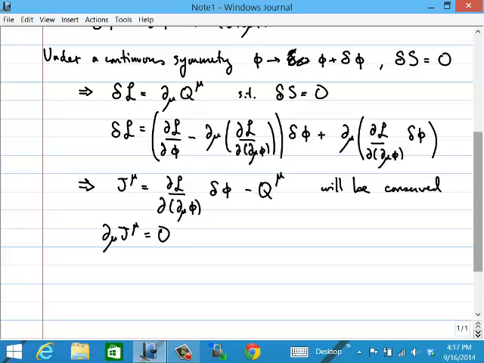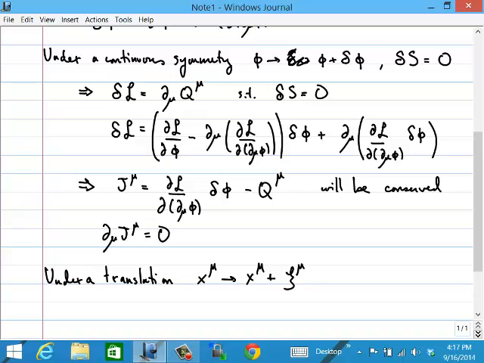Okay. So let's consider the following symmetry. We're considering theories that are Lorentz invariant and are invariant under translations. So let's ask what that tells us about the conserved quantities of the theory. So let's imagine doing a translation where the coordinates shift by an amount given by some vector zeta.